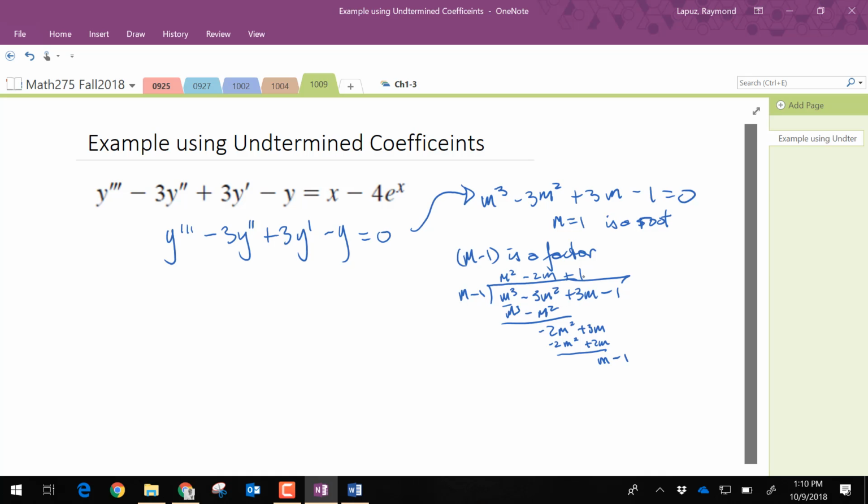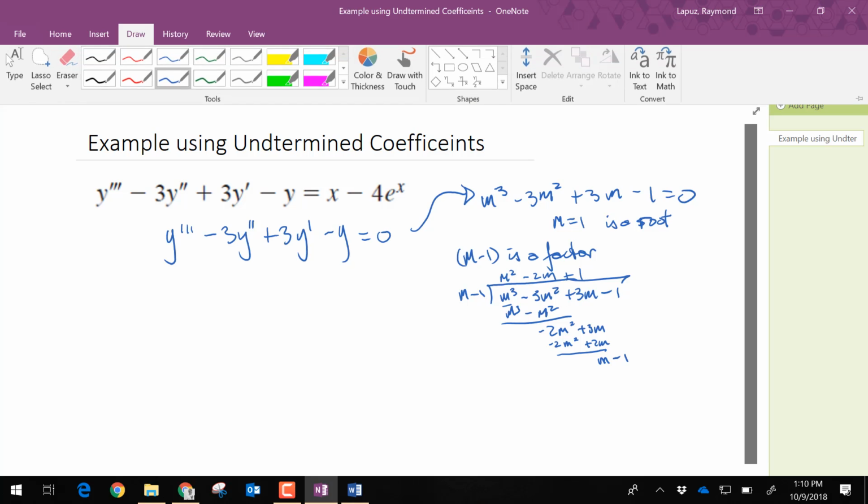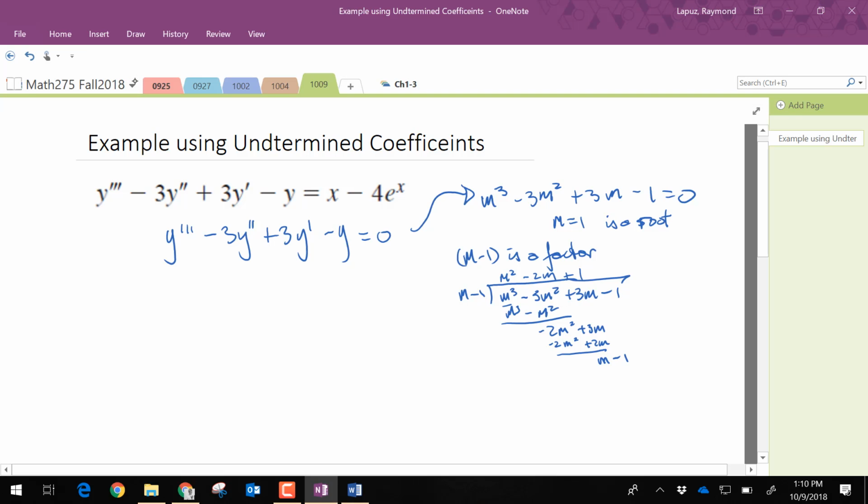This would be 3 minus 2, what? Oh, yeah. So I think this is what we want. I want to subtract each of these things, right?